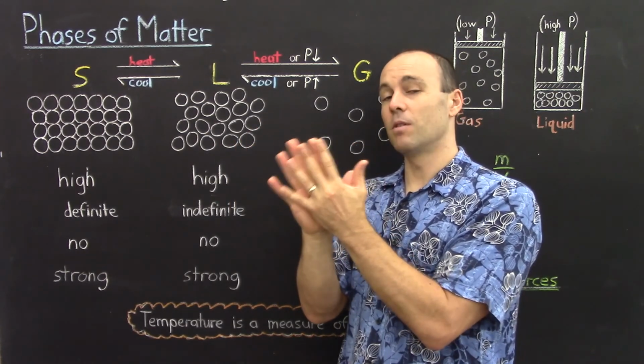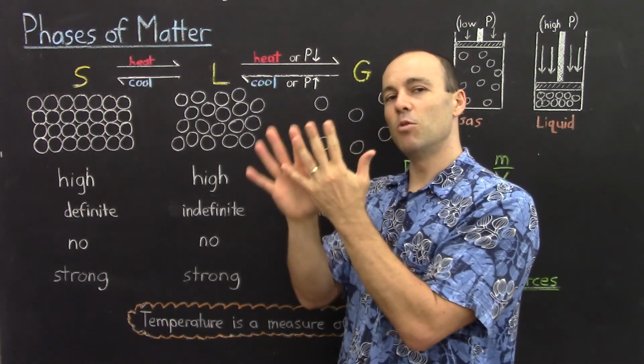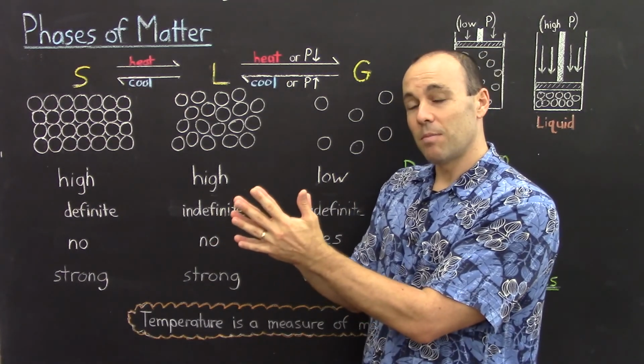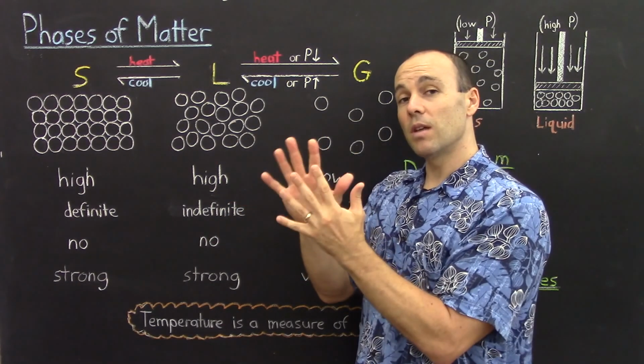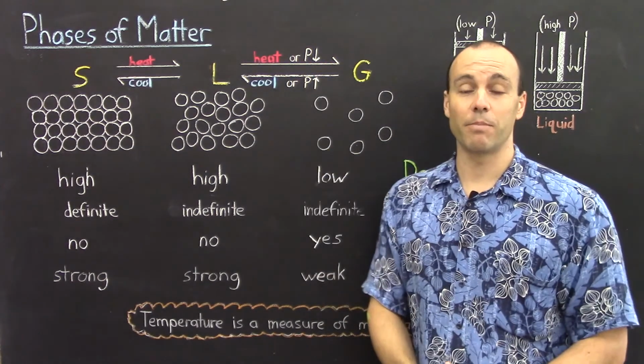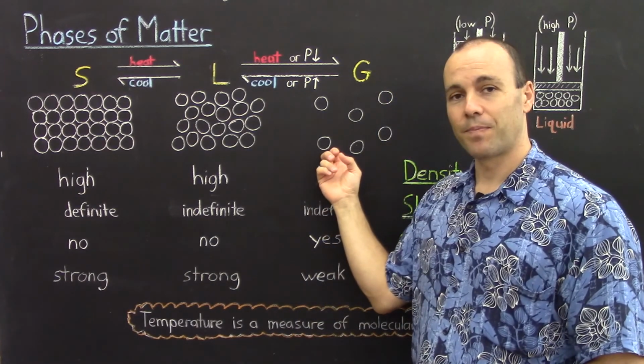Now, the particles still feel each other, the intermolecular forces are still there, but at least they can move around a little bit. If you continue to heat a liquid up, you will increase the molecular motion that much more that eventually the particles will completely break free from one another, and you'll have yourself a gas.